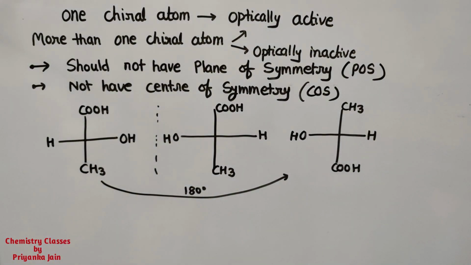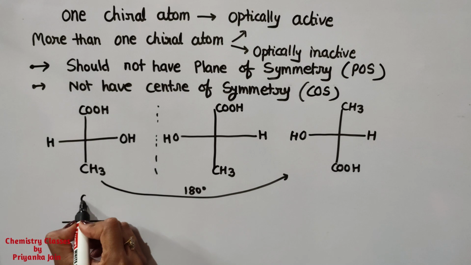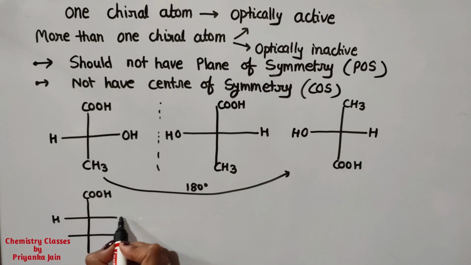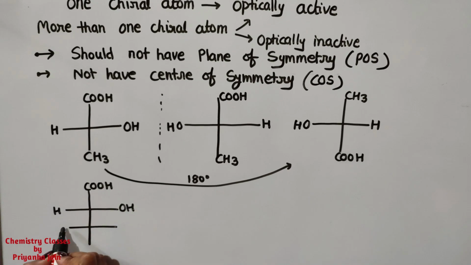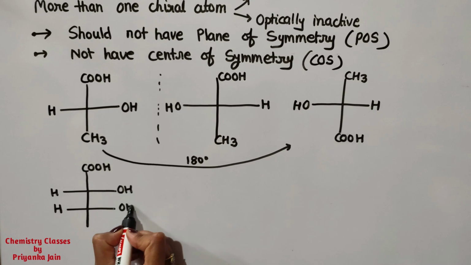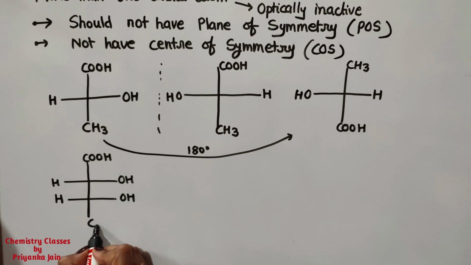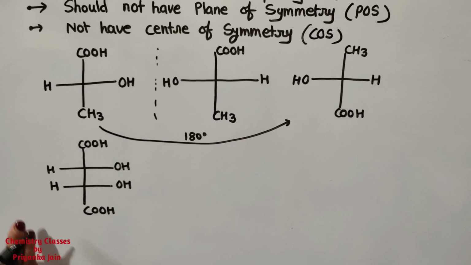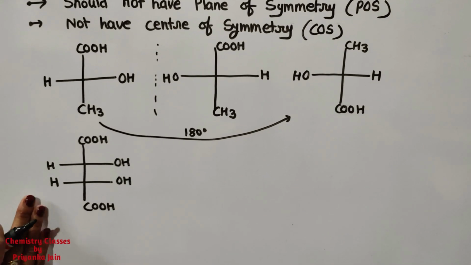Okay, now consider another example. When we consider more than one chiral atom present, in this case you will get somewhat of a difficulty, but you have to see whether there is a plane of symmetry or a center of symmetry.